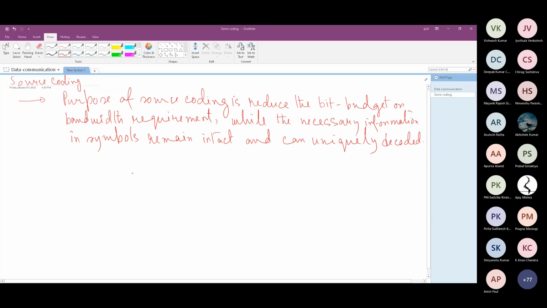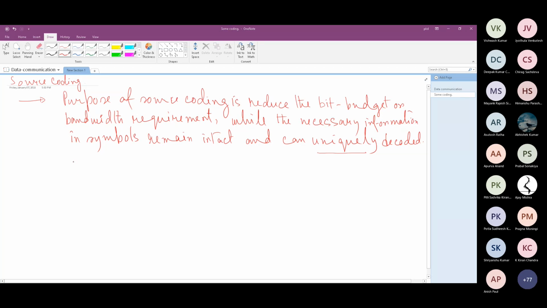Because of this uniqueness, source coding, though the process is very similar to compression, is a little bit different because of this unique requirement. Generally in communication, the source coding block refers to coding schemes which are done in a lossless manner.